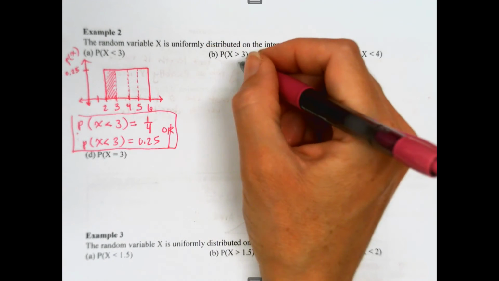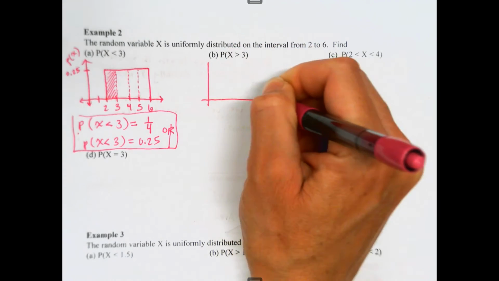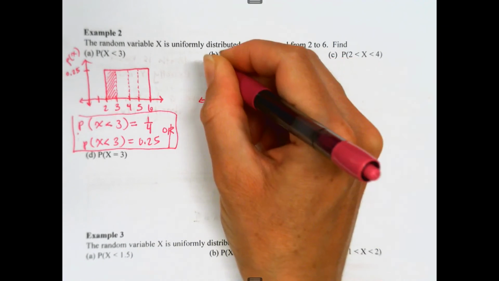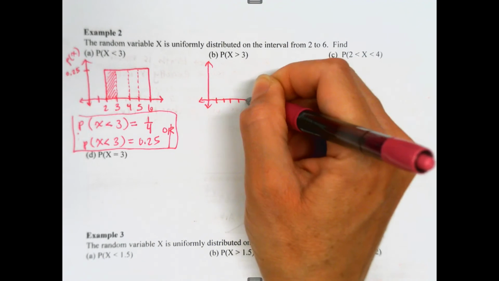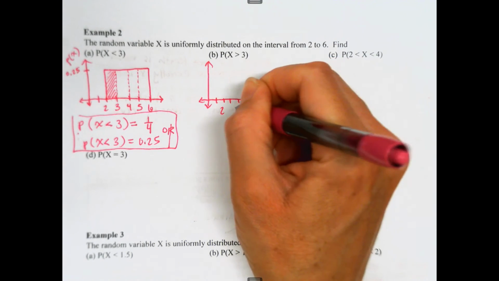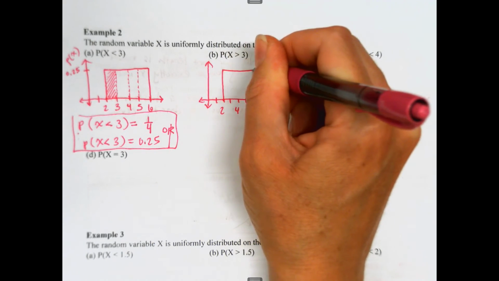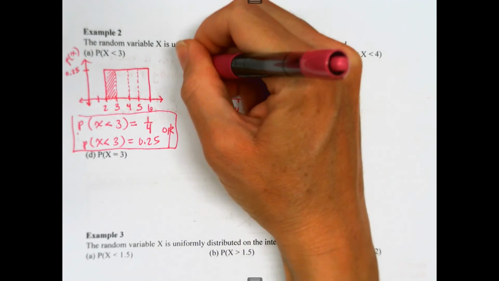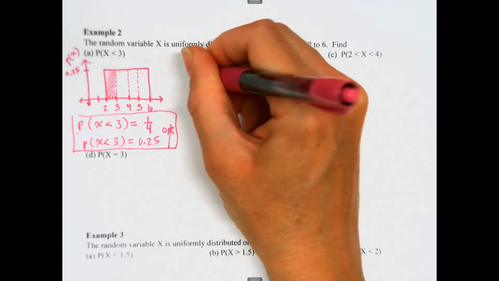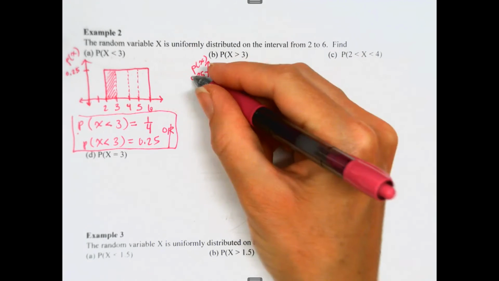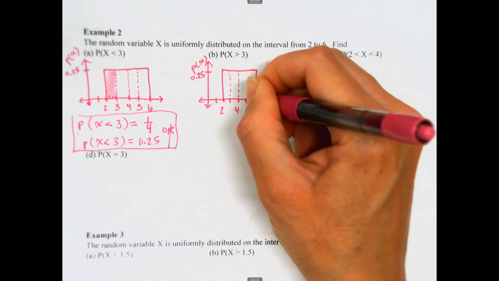Part B says, what is the probability that x is greater than 3? Again, we have our uniform distribution here with our probability of x. This is going to have a height of 0.25 because 0.25 times 4 gives us an area of 1.